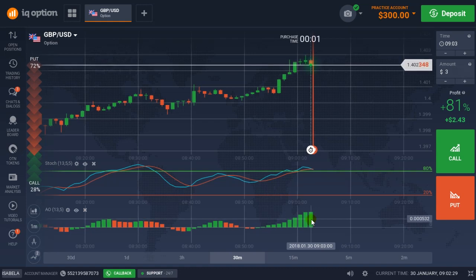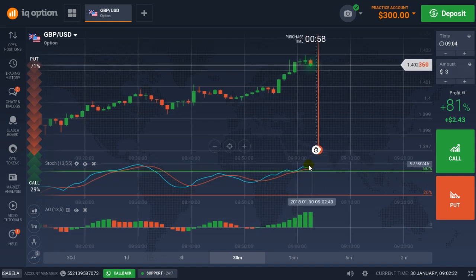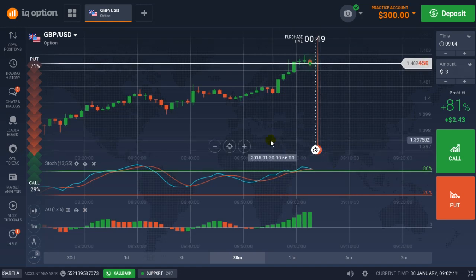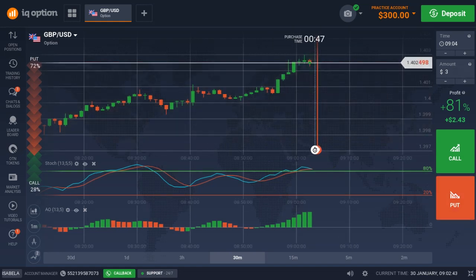At this moment, neither of them are. So both of the stochastic lines are above this 80% overbought level, so we just have to wait until we get an entry signal. Okay.